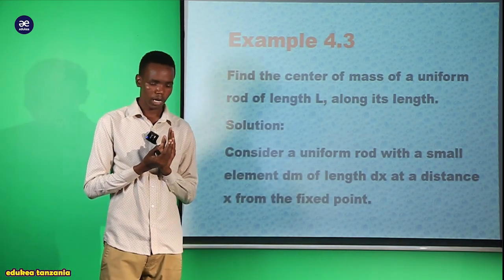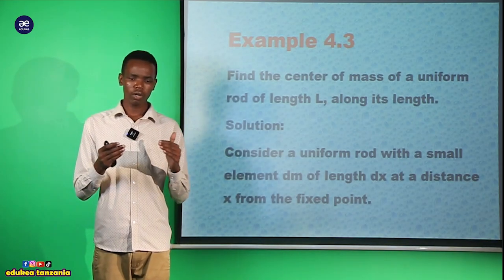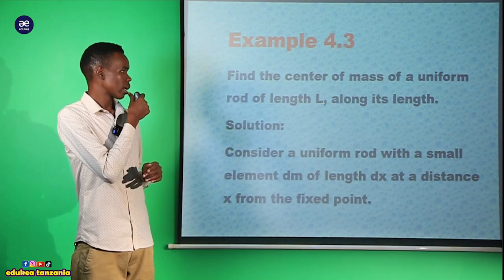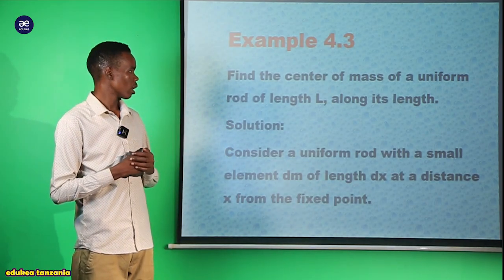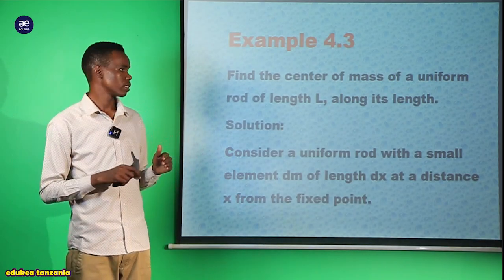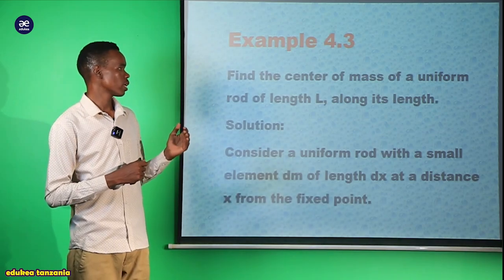Here we have the load, like a ruler. This uniform load, my dear students, contains the mass and also has its length. And we were supposed to find its center.